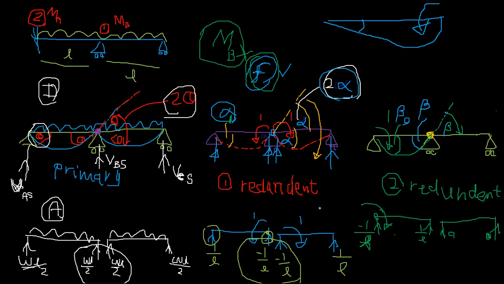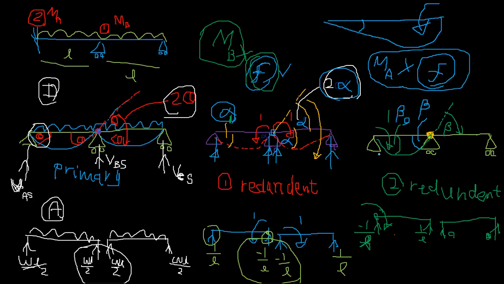right? So these are also the flexibility coefficients, displacement per unit force. And here we consider the MA, and actually we apply one unit of bending moment, right? So the actual bending moment is MA. You have to multiply everything by MA, right? Finally.